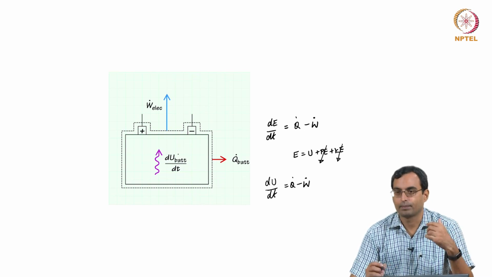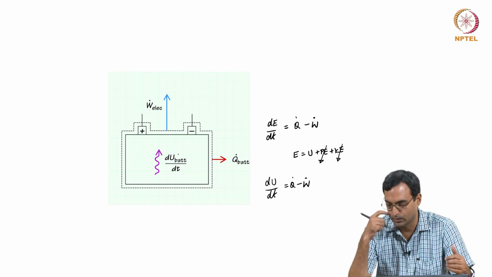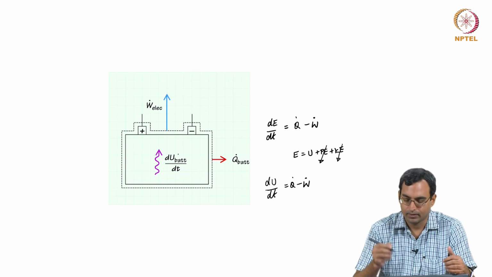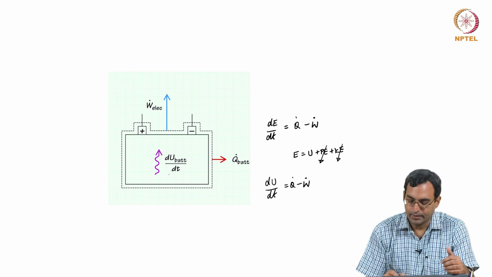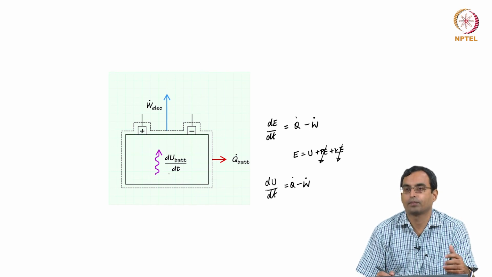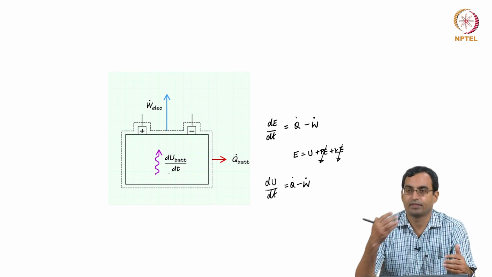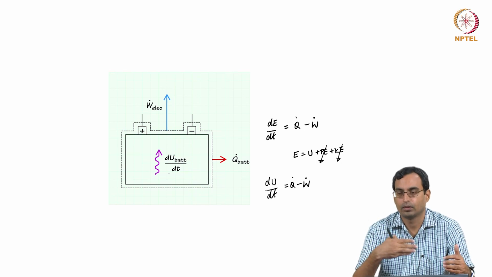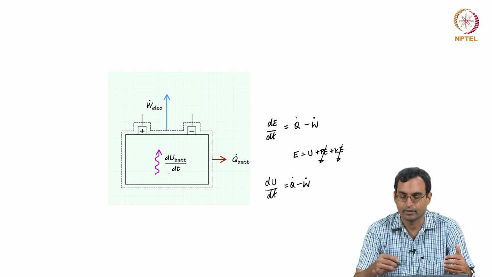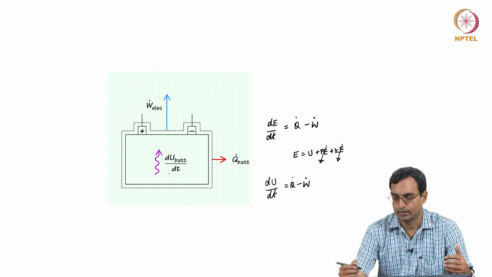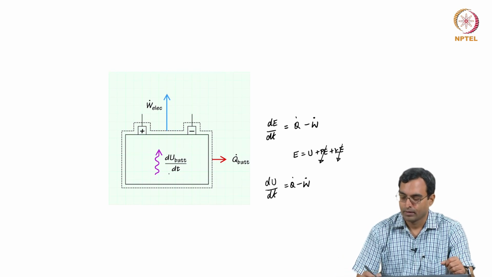So, the internal energy will keep dropping. At some point of time it becomes so low that it stops doing work. So, this is an unsteady process. So, initially what we see is that the internal energy is some value, and after a while if we find out the internal energy, we will find that it is a lower value and lower and so on, because it is giving out energy by running this fan as well as running the light. So, that is essentially what we see.